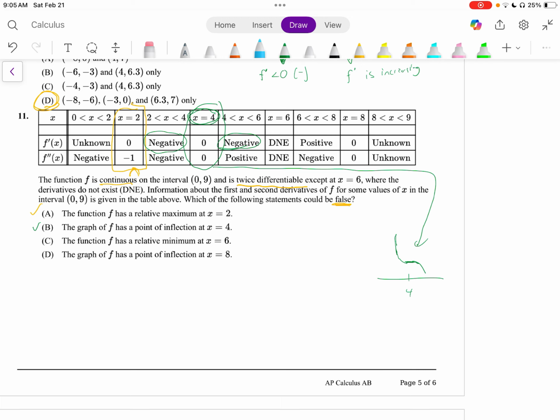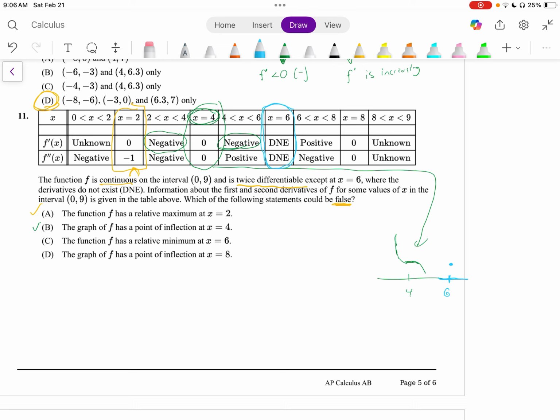Next one, the function f has a relative minimum at x equals 6. Critical numbers are also when the derivative doesn't exist. So we can look to the left and right at 6. Something's happening at 6.